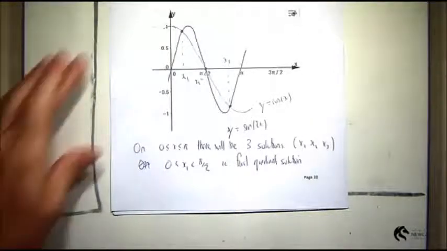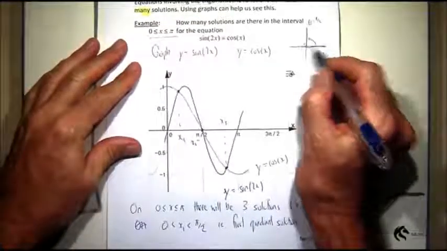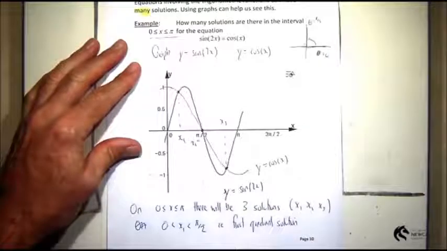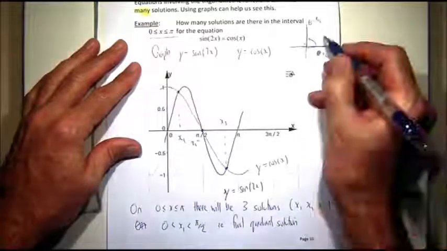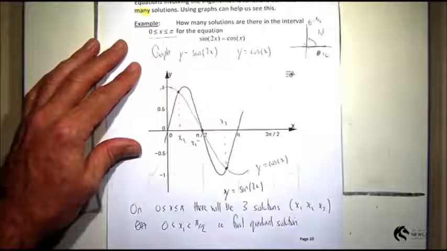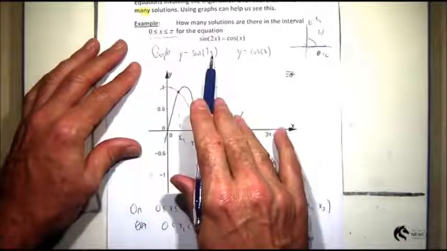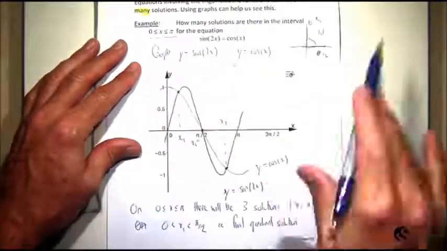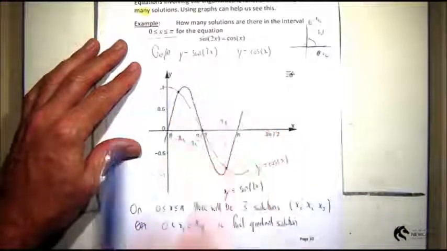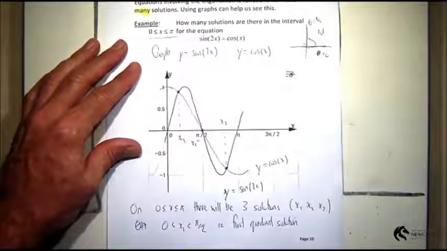You can't even see my nice little picture up there. Theta equal to 0, theta equal to pi on 2. So somewhere I'm in this first quadrant. As I said, I could have used thetas in here, but once we converted to radians, the convention is that we call the angles x.